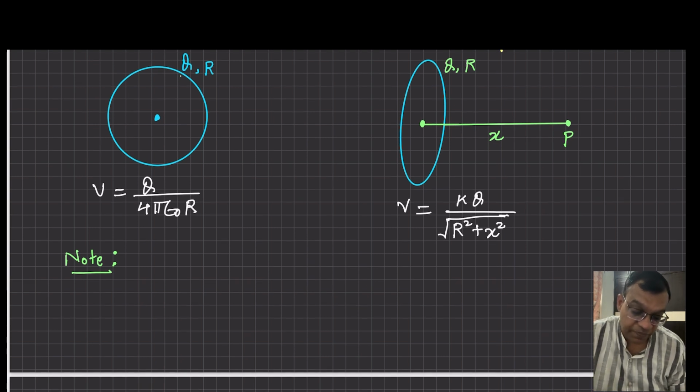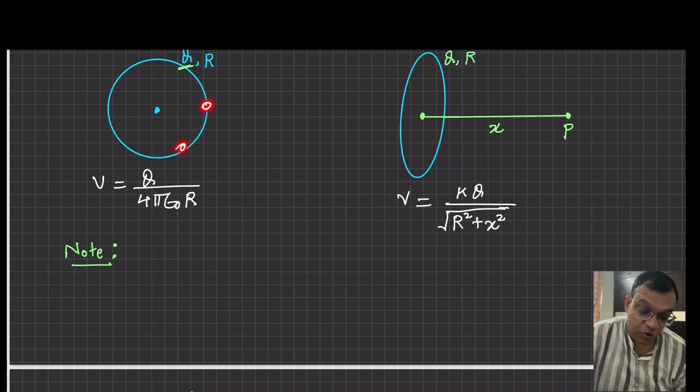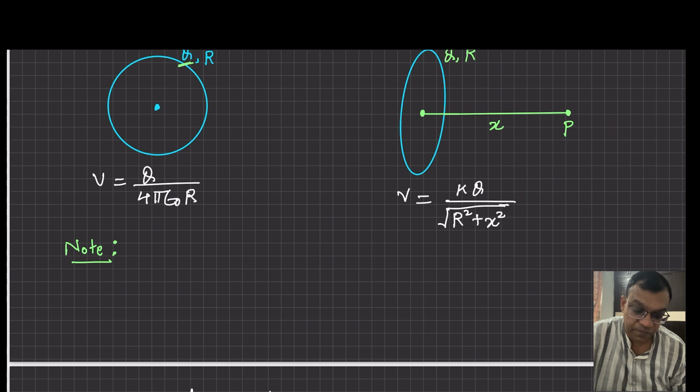Now if this charge Q is not distributed uniformly, the amount of charge remains the same but it is distributed non-uniformly, it may be Q by 2 here and Q by 2 here, or Q by 3 here, Q by 2 here, Q by 6 here and something here, in this way at different points.